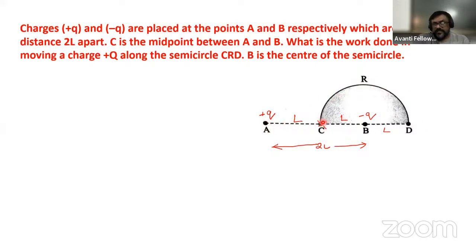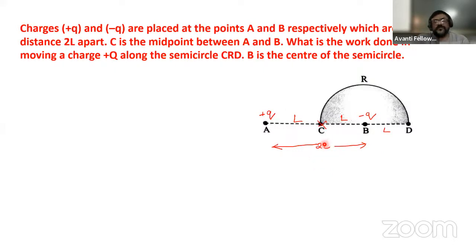When you come to this point, positive Q is at a larger distance, and when you come to the next point, this distance is again increasing. So potential will not be the same everywhere throughout CRD. Don't think like that, and after seeing this, you should not say C and D have the same potential, so the work done is 0. Don't conclude like that. It's a tricky question.